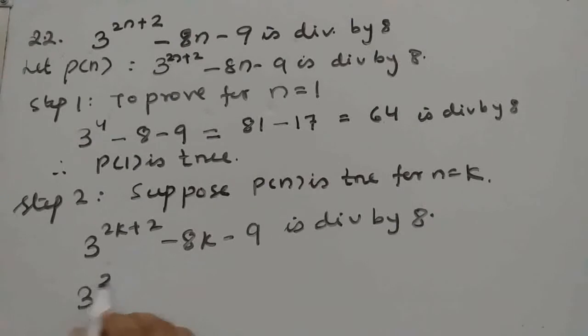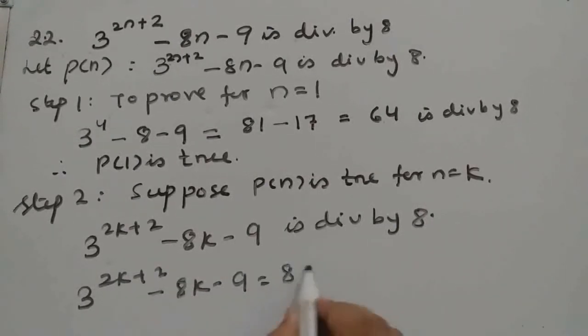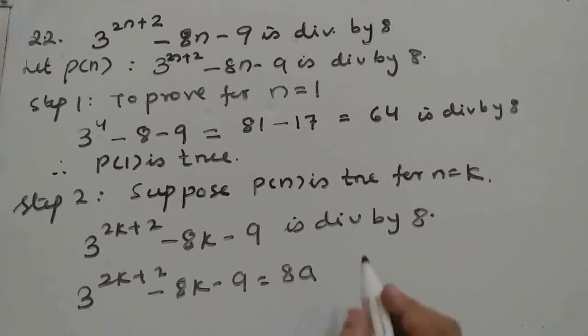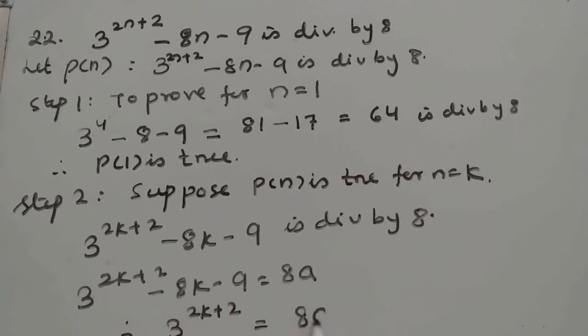Then if it is divisible by 8, that means we can write 8 into some number. Okay, so therefore 3 power 2k plus 2 is 8a. All these two numbers I can shift here, 9. Okay, so now this is equation 1.